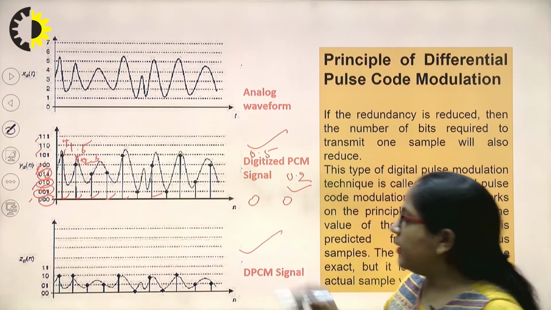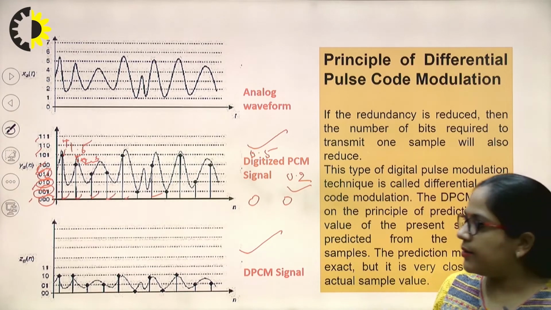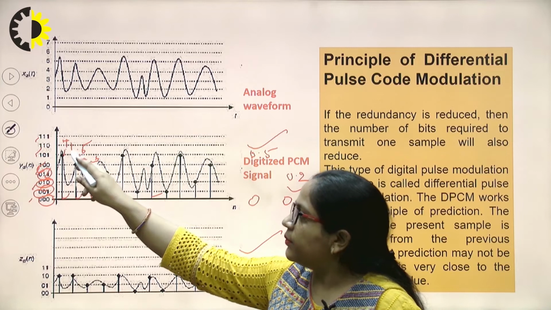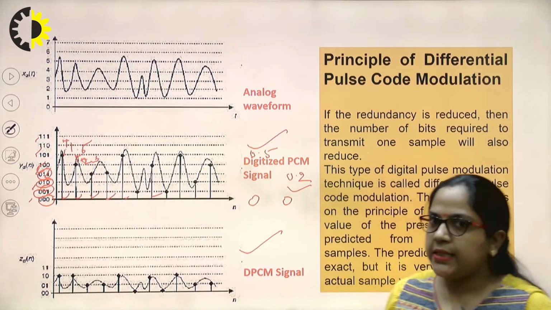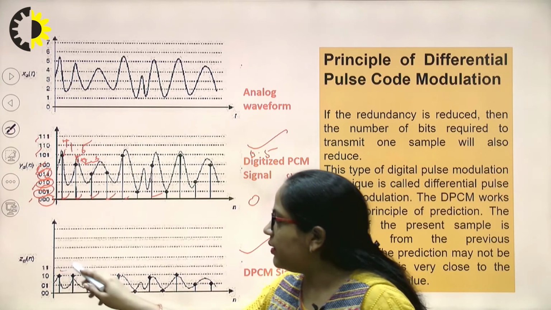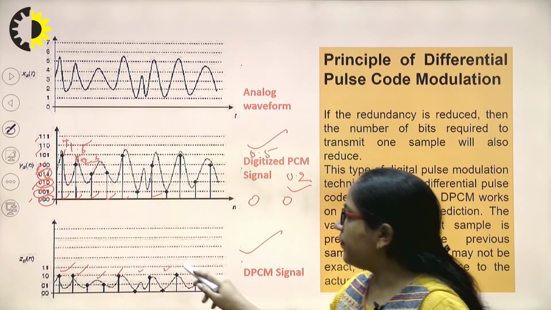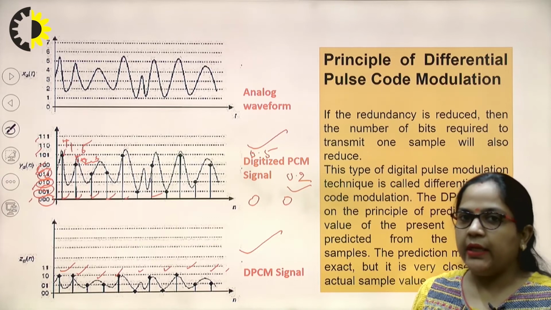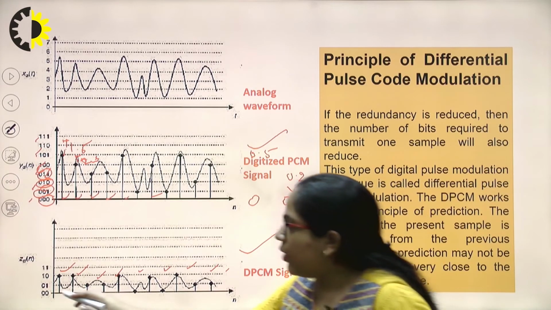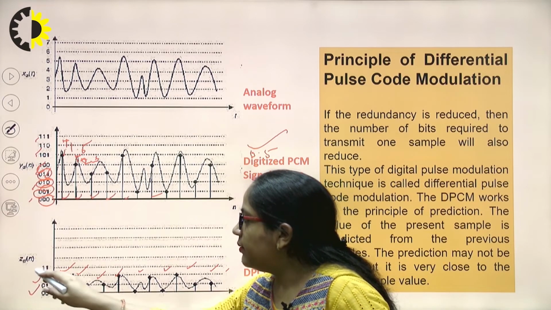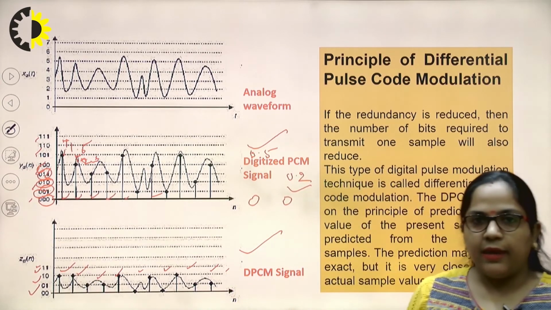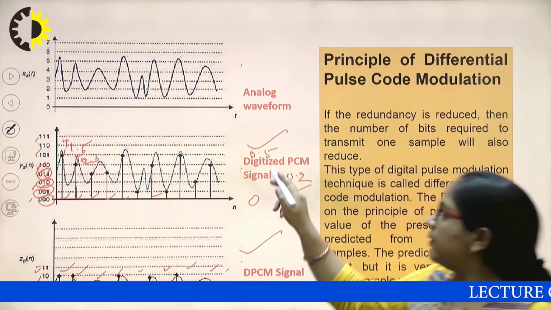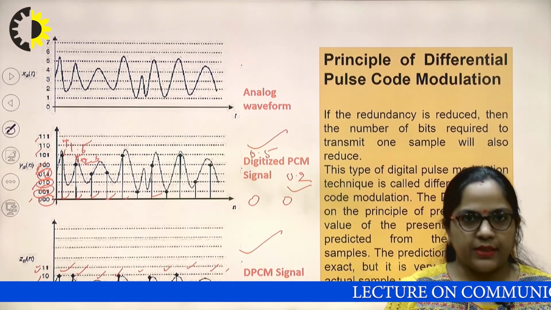Here we have the differential pulse code modulated signal. Instead of quantizing and encoding each sample, first we considered the difference of the samples. So the highest magnitude level decreases, and now we can represent each level with only 2 bits rather than 3 bits as in the case of the PCM signal.